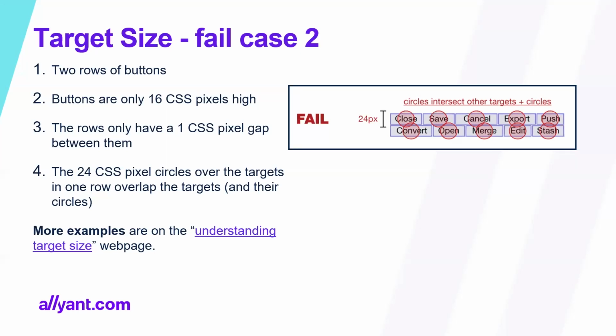So even though they're wide, they're too short. And between the 2 rows, there's only 1 CSS pixel gap between the buttons in the top row and the buttons in the second row, right? So when you draw your circles over the center of each of those buttons, again, the circles overlap.